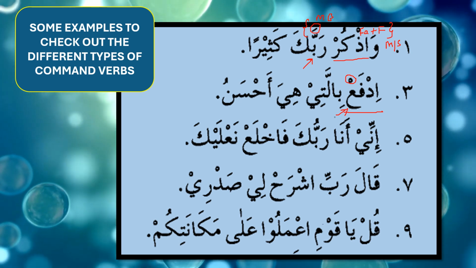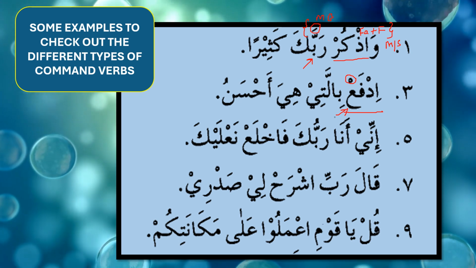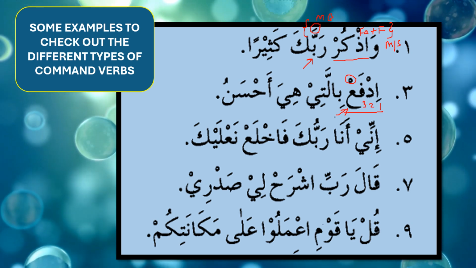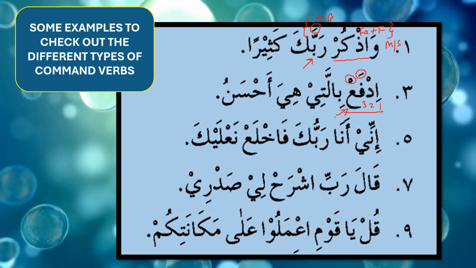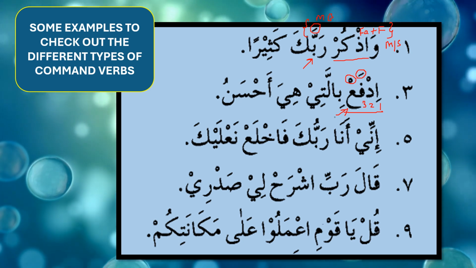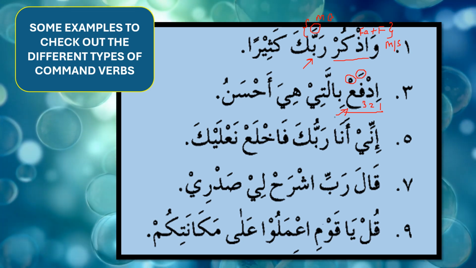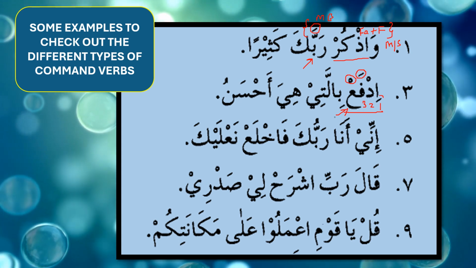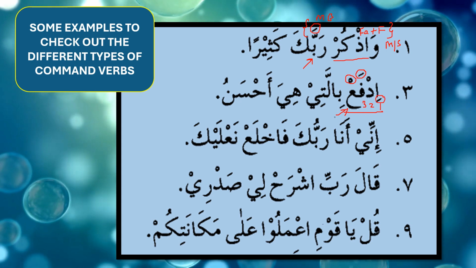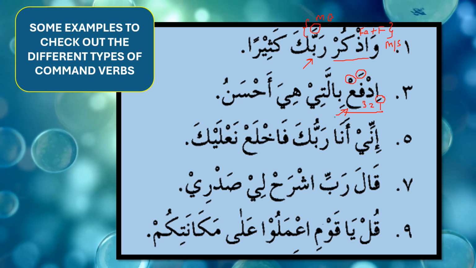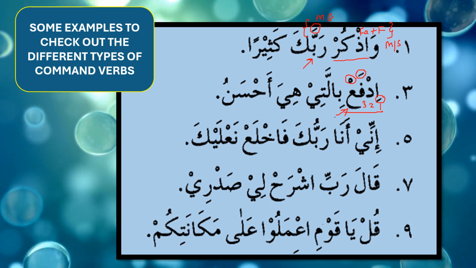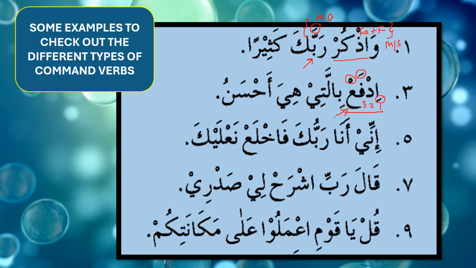So, and the Hamzatul Wasl is having a kasra. Why? Count 1, 2, 3. The third letter is having a fatha. So it's a rule that if the third letter has a fatha or a kasra, the Hamzatul Wasl will always have a kasra. So that's why it is idfa. And now there is no damir attached after the verb. Absence of damir.